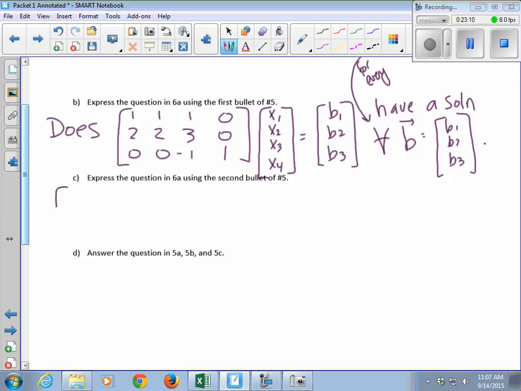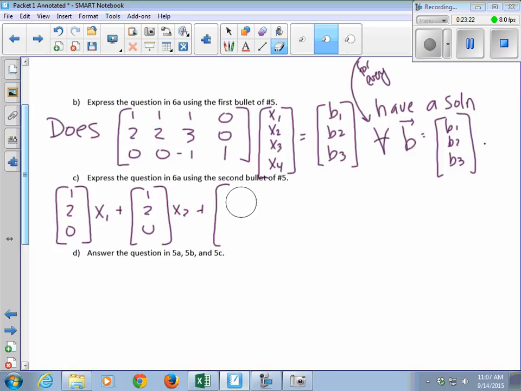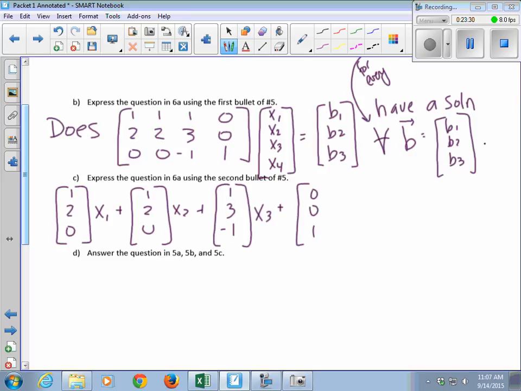So I'm going to have 1, 2, 0, throw a weight on it. 1, 3, negative 1, x3 plus 0, 0, 1, x4.